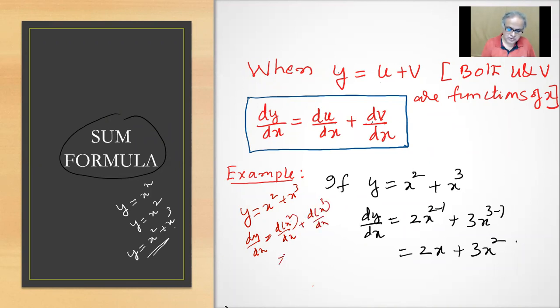So d of x square is 2 into x to the power 2 minus 1. D of x cube is 3 into x to the power 3 minus 1. So what do I get? 2x plus 3x square, which we did here. I deliberately showed it because you may not know how to get it, so I was just showing it again. So this is sum formula.